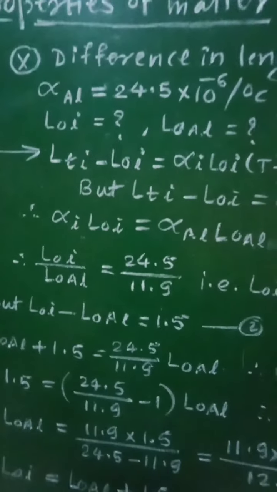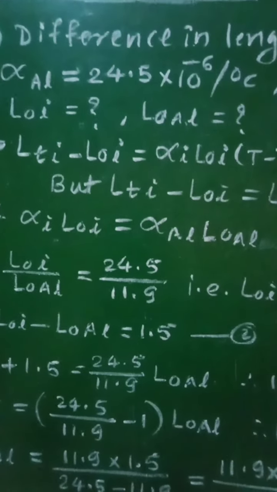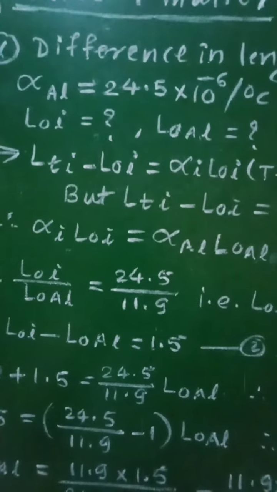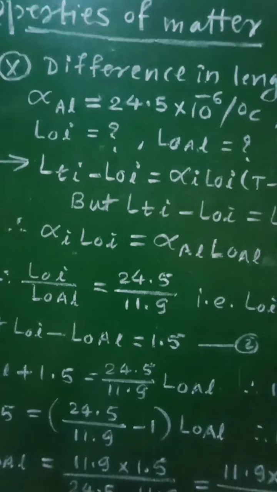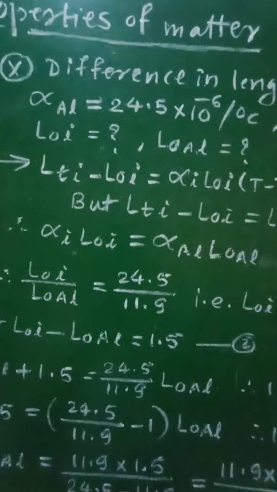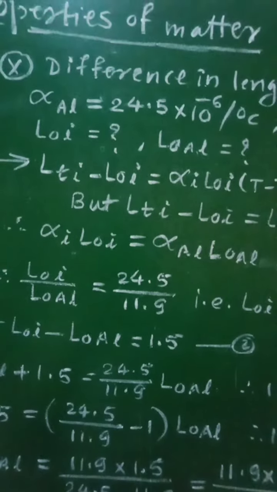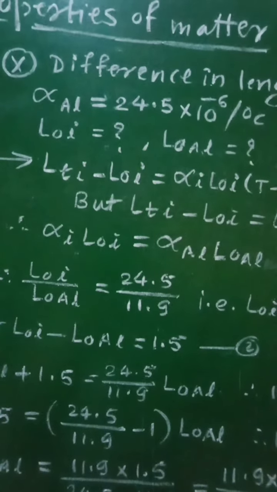Now let us see numerical number 10, which is given as: an aluminium rod and iron rod show 1.5 meter difference in their lengths when heated at all temperatures.